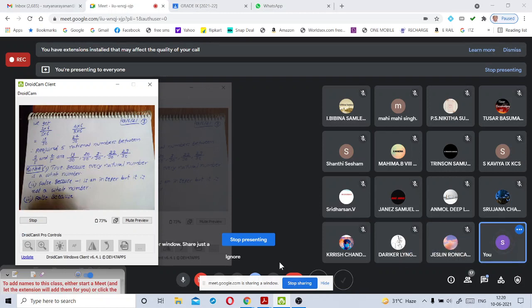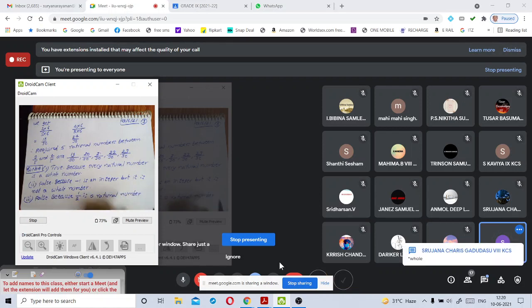1 by 2. One example is enough. This is called a counter example. Because this statement is false, we are giving a counter example.